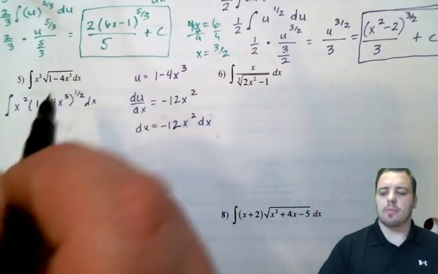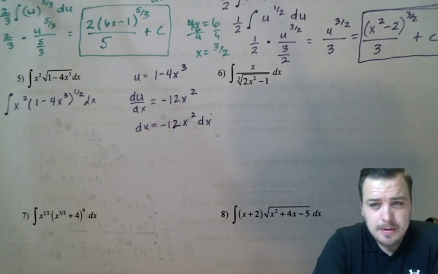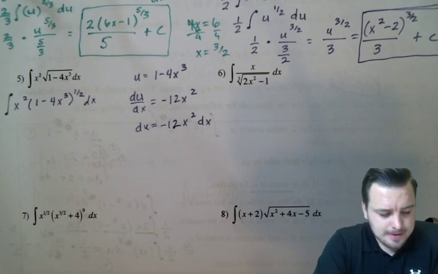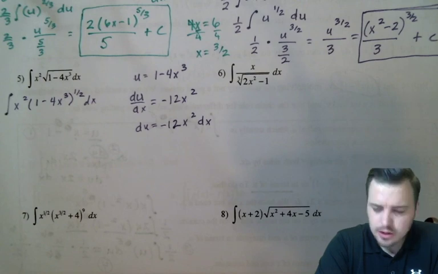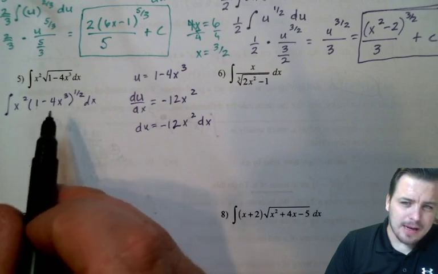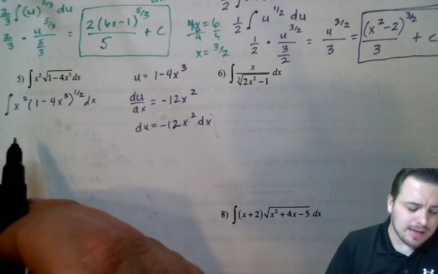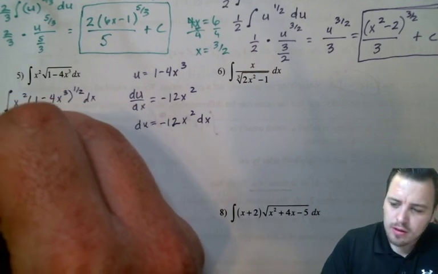What do I need to multiply the inside of the integral by in order to set up the U-substitution? Good, Ian, negative 12. So if I'm going to multiply the inside by negative 12, I'm going to multiply the outside times the reciprocal of that, so that would be negative 1/12.